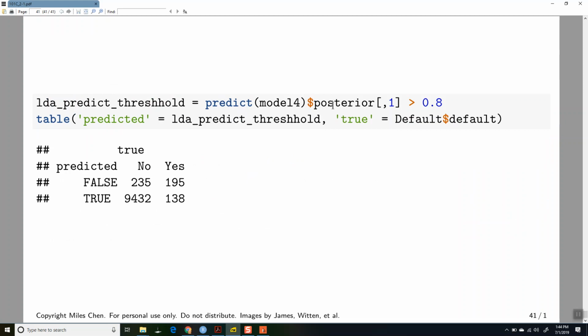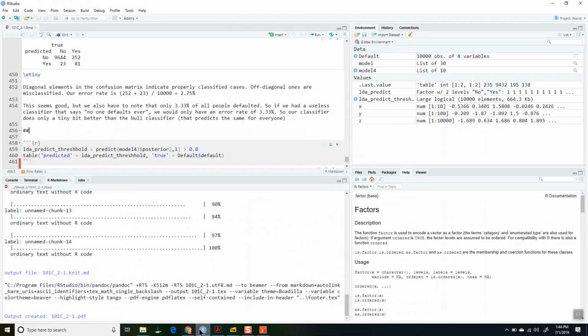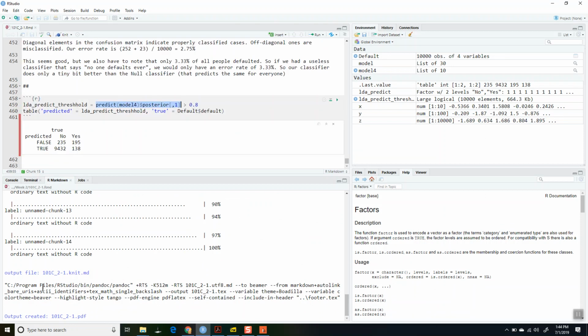Okay. So what you can do is change things. When you call predict, you can look at the posterior.